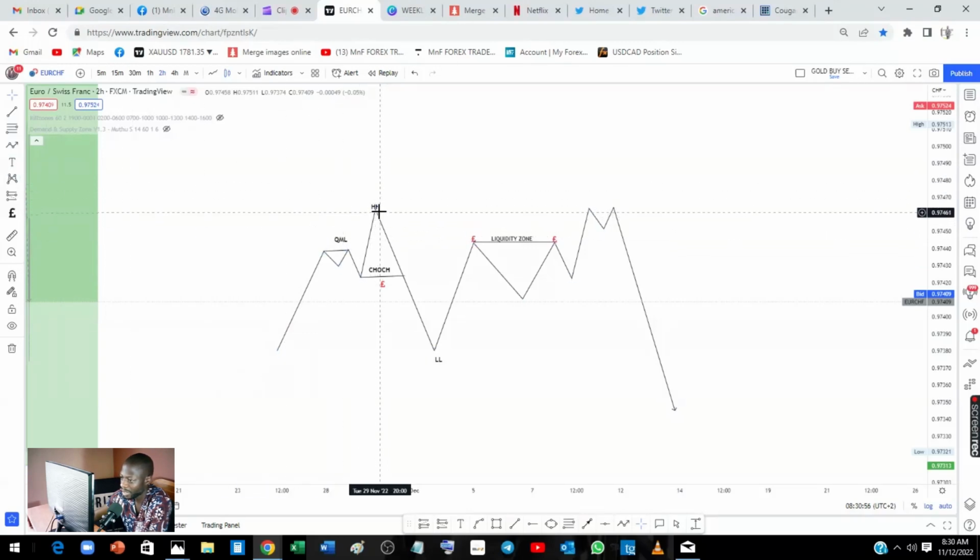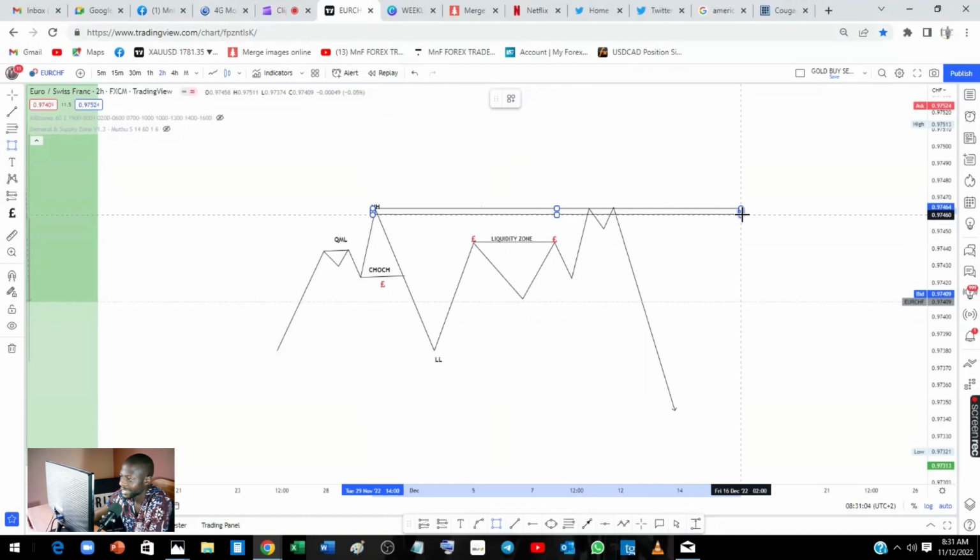Your job is to find the order block, which is here. Once you find the order block, get the last candle before the bearish move, and extend that to the right side. Once you've done that, you literally just wait for the market to pull back into that area.